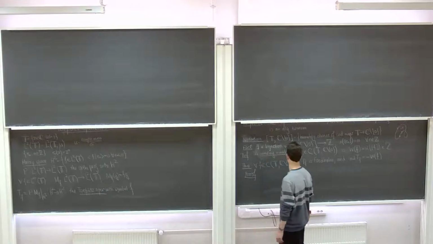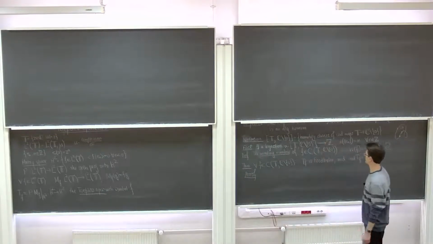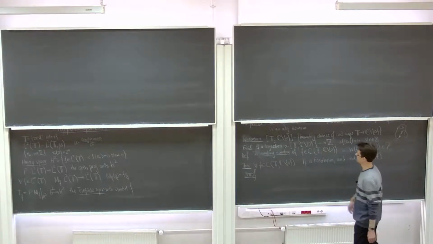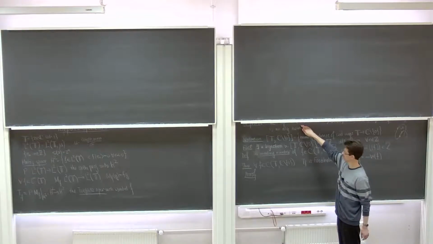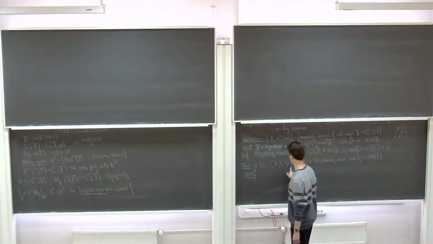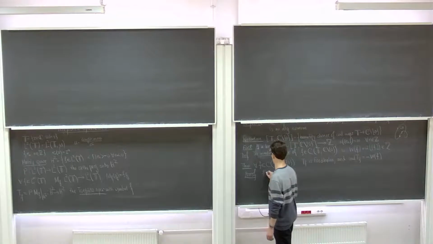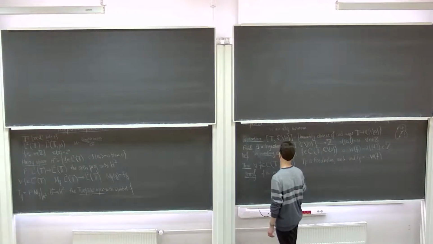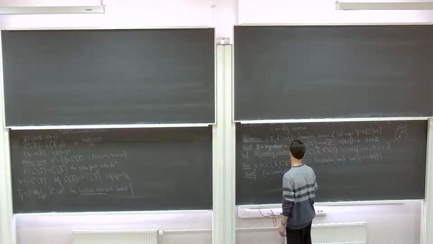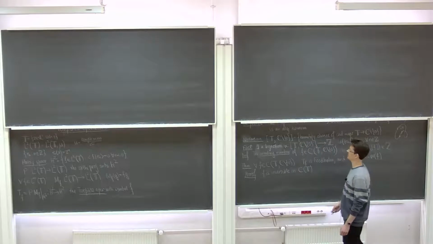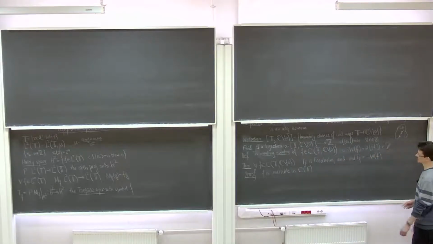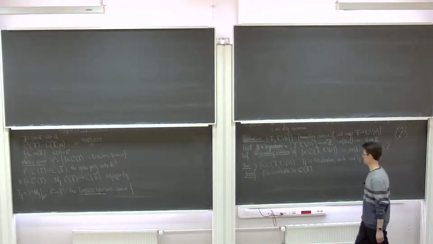Well, first of all, let's show that it is Fredholm. To show that it is Fredholm, just look here. So if f is nowhere vanishing, then f is an invertible element in the algebra of continuous functions on the circle. And a unital algebra morphism takes invertible elements to invertible elements.